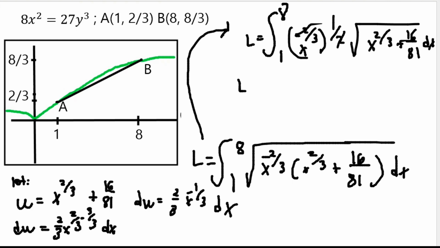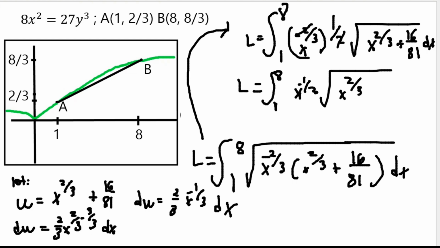As we can see here, the thing that we're going to cancel is the 2. So we just cancel the 2, and what we're left with is x raised to the negative 1 over 3. So now we got this. And then we rewrite this because we're still not done. So 16 over 81, then dx.